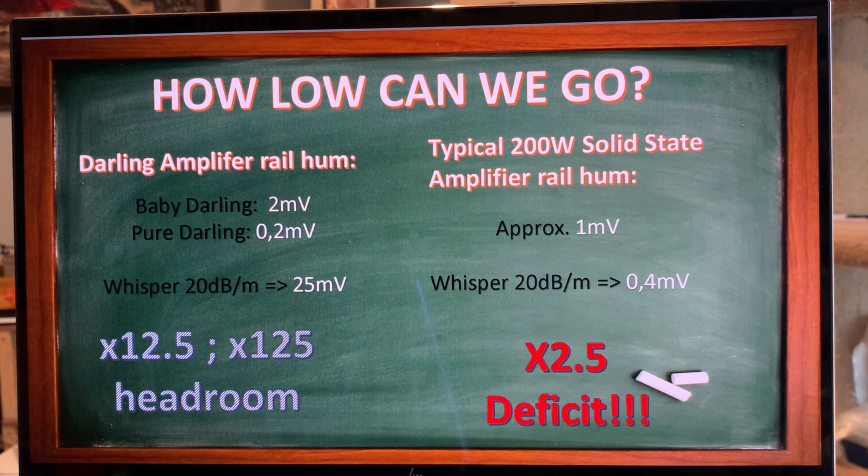There are solid state amps which have much lower, but others which have quite a bit higher than that. So I'm taking that as an example for today. For the Darlings, the Baby Darling will have about 2 millivolt of rail hum, and the Pure Darling has 0.2 millivolt of rail hum.